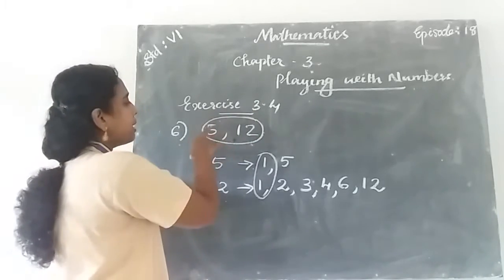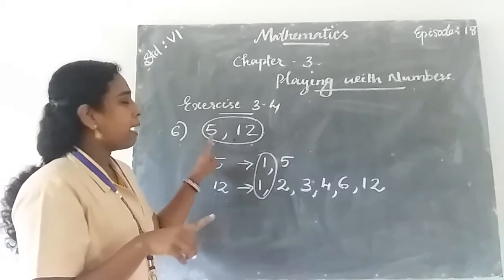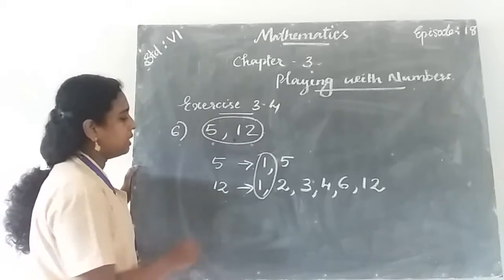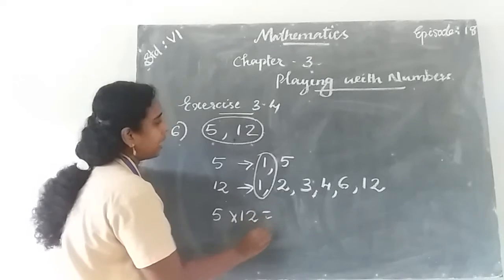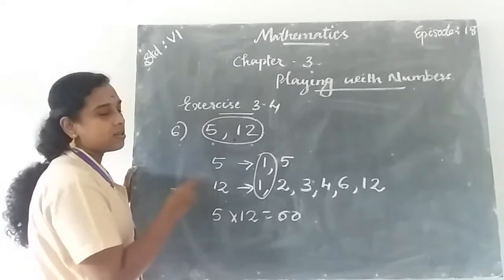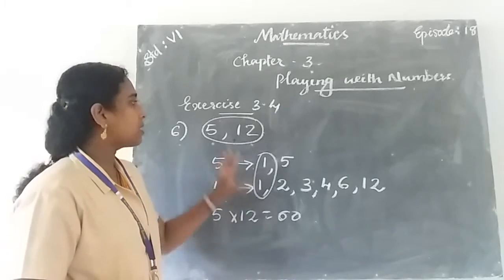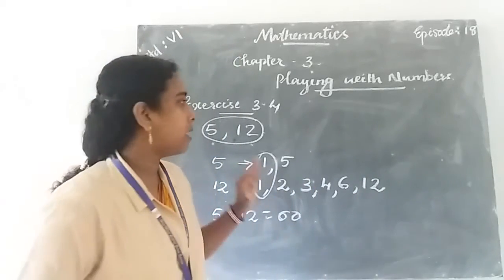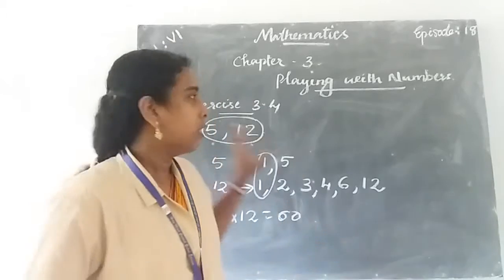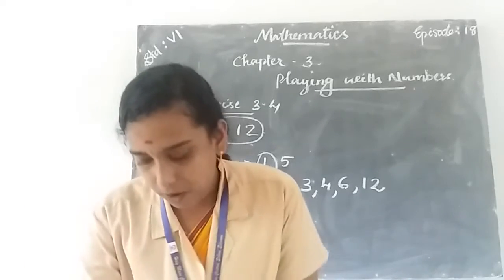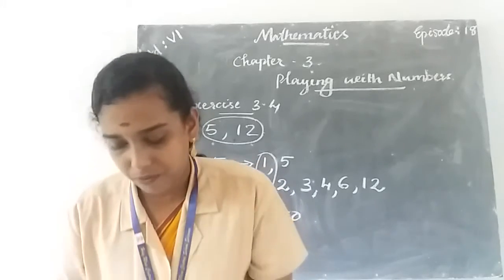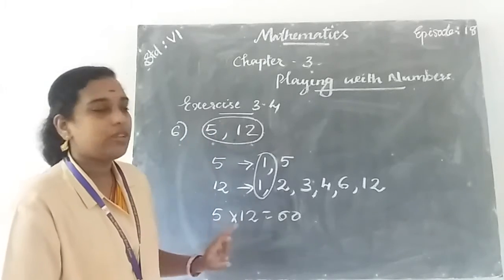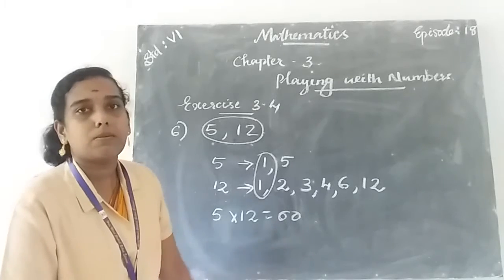So a number divisible by 5 and 12 is also divisible by their product. Multiplying 5 into 12, we get 60. So the number is also divisible by 60. That is the answer to question number 6.